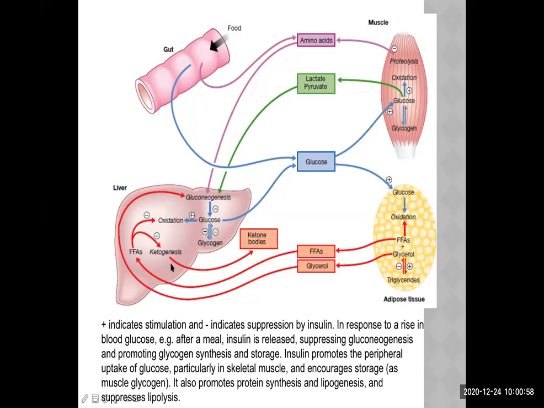Every student knows this by now. So this glucose is converted into different types of fat. Glucose is converted into fat. This process is stimulated by insulin. So glucose will be converted into different types of fat.